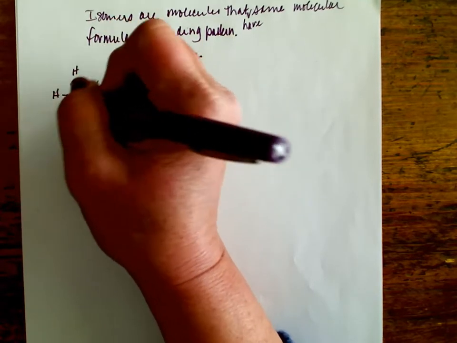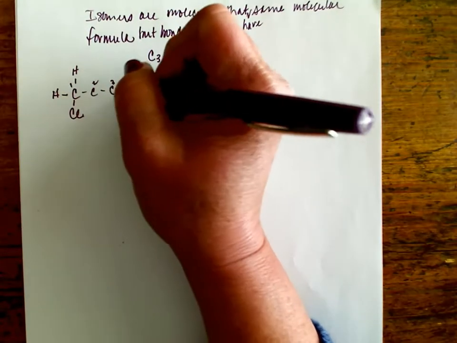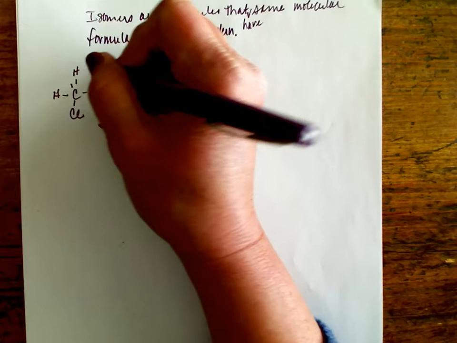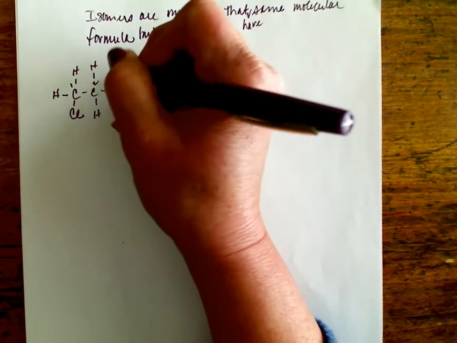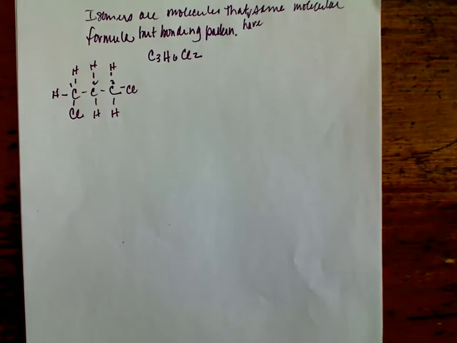I could draw this with a chlorine on this carbon, and hydrogens here, and I could also add the second chlorine to that carbon. Okay. So I'm not going to go into the naming of this, but it would be named 1,3-dichloropropane.